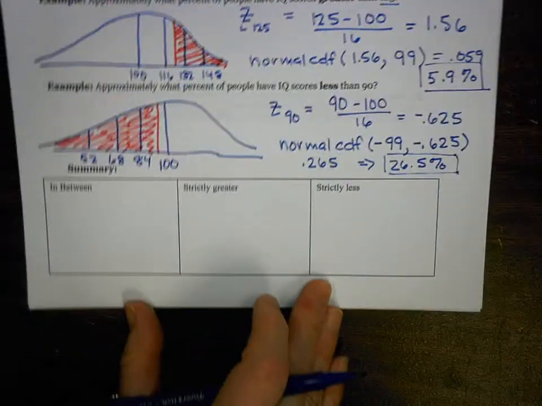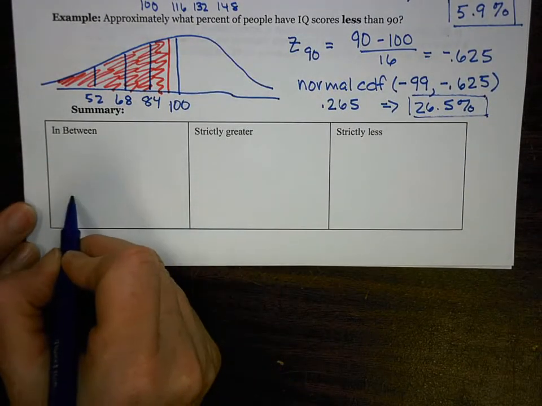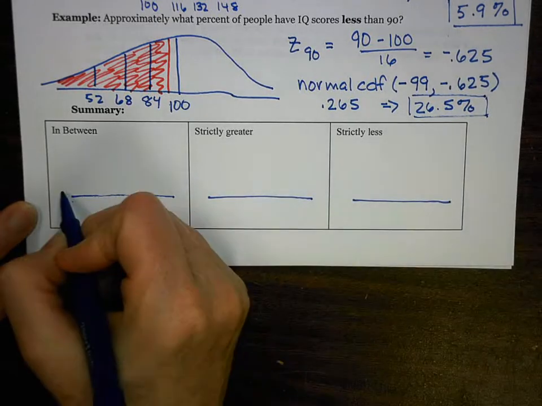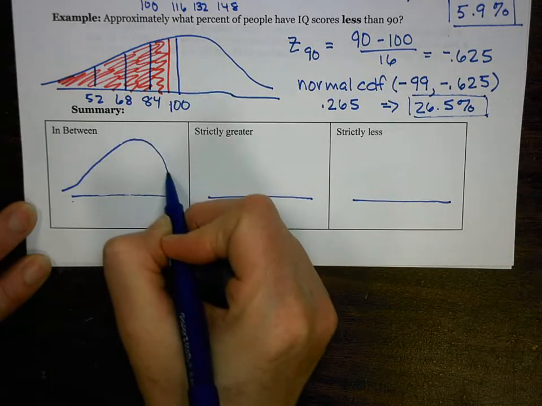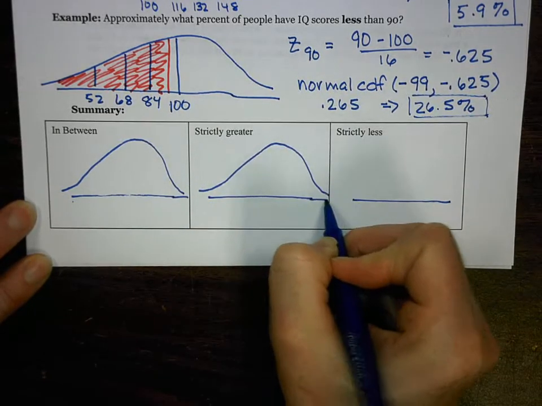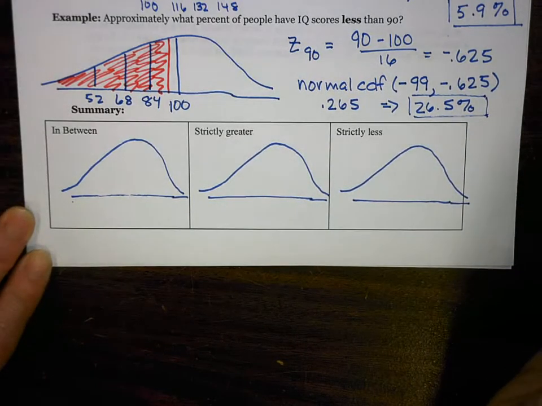Okay. So let's draw our three scenarios. I want you to draw 3 normal curves. You can draw better than me, I hope. So here we go, best as we can.